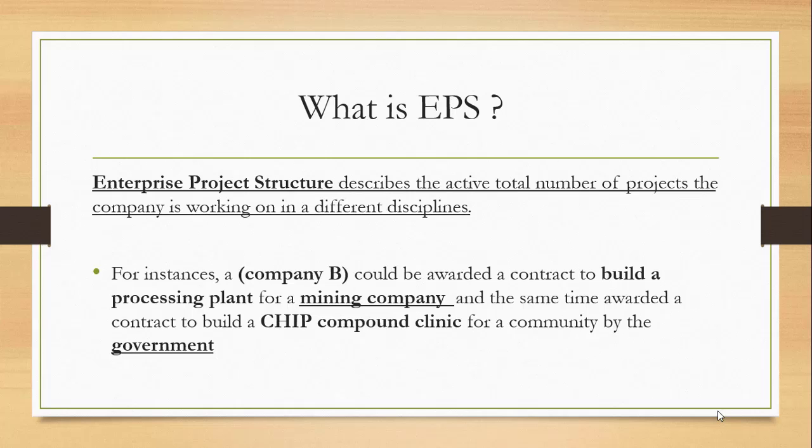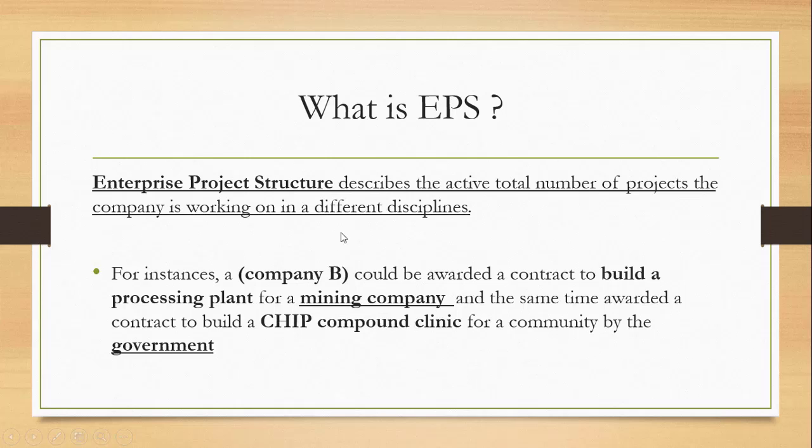For instance, a company B could be awarded a contract to build a processing plant for a mining company, and then the same company could also be awarded a contract to build a cheap compound clinic for a community by the government.